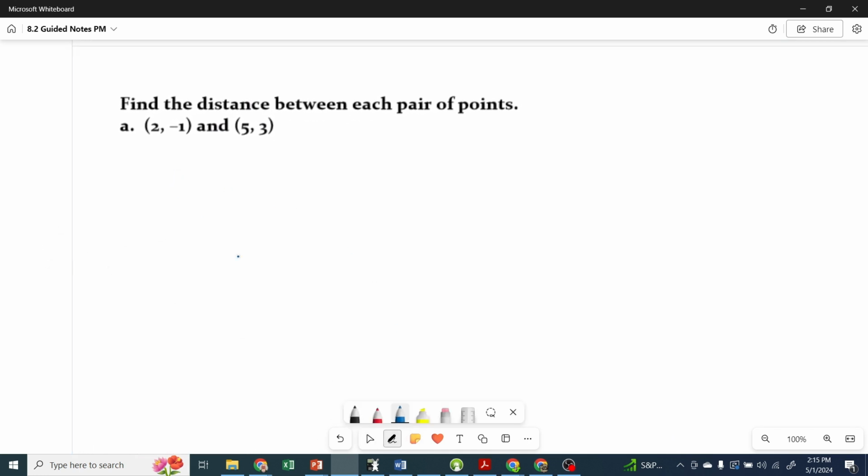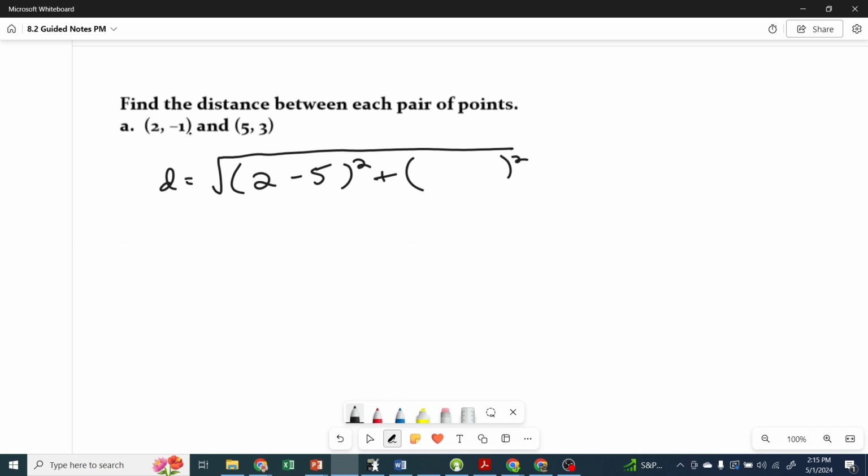Okay, so the distance here is equal to the square root, and I always just put these squares and a plus, right, in this. Okay, so 2 minus 5, just do my x's. I just do them left to right. Negative 1 minus 3.